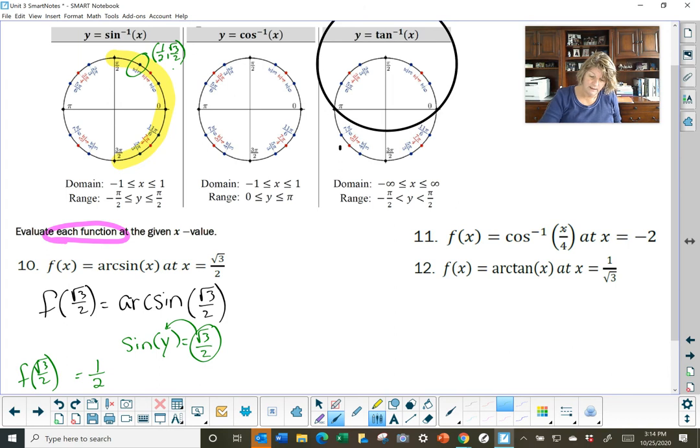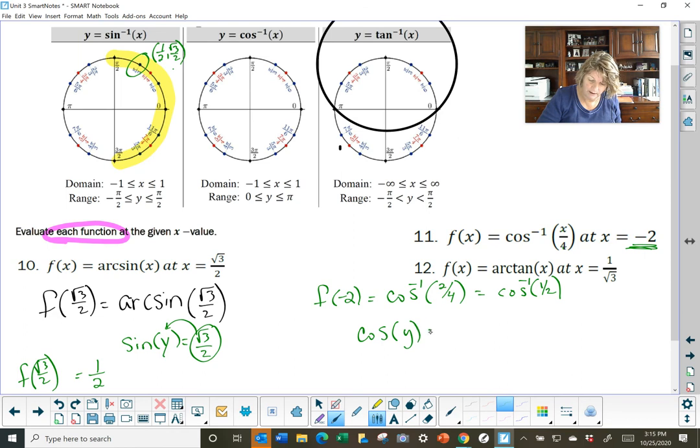Next, cosine inverse of x over 4. So I'm evaluating at -2 here, it looks like. And I'm going to pop in then -2 where I see x. That would be like saying cosine inverse of 1/2. So this is kind of a backwards wording, right? So I'm looking for the cosine of some value equals 1/2 if I want to interpret it as a cosine instead of a cosine inverse.